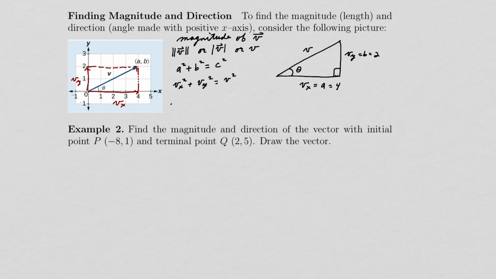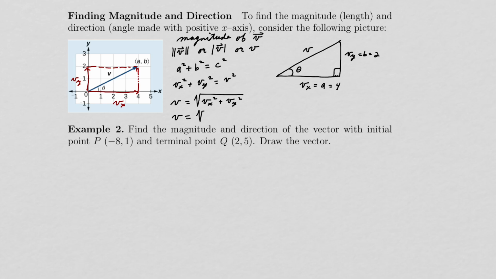So that means the actual magnitude V is going to be the square root of Vx squared plus Vy squared. Or you could say a squared plus b squared, because the way they give the vector here, they give it as (a, b). But that's the same thing as the vector <Vx, Vy>.